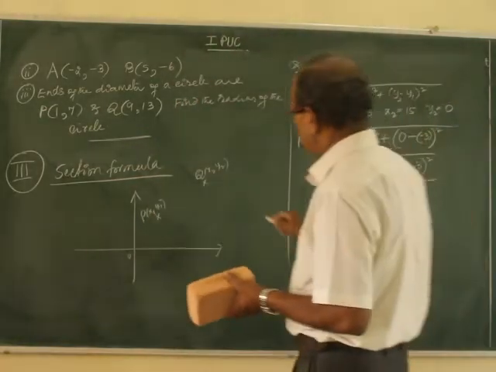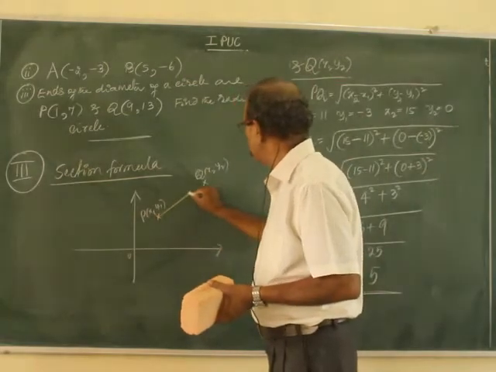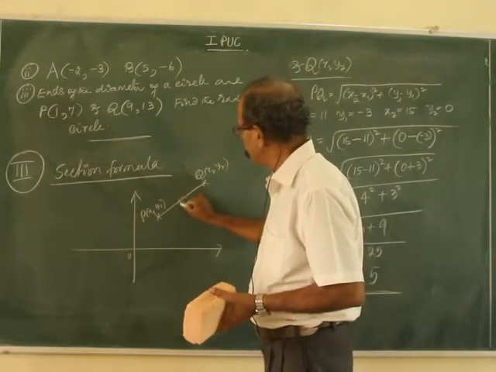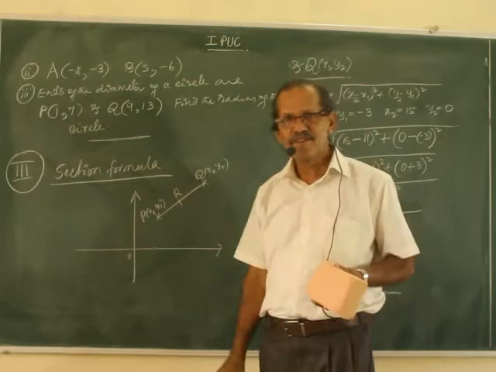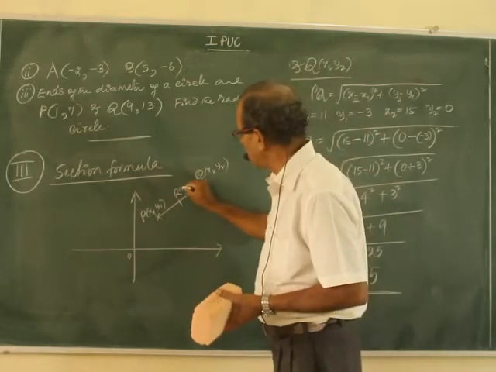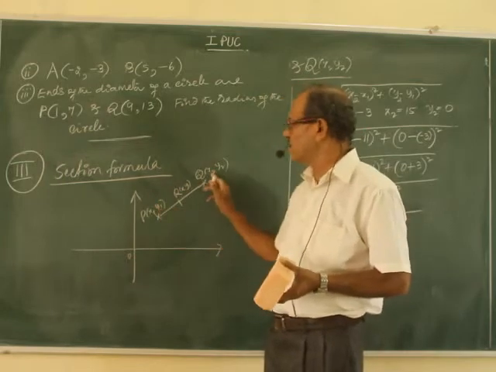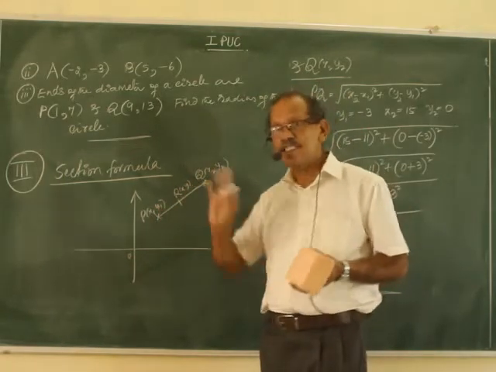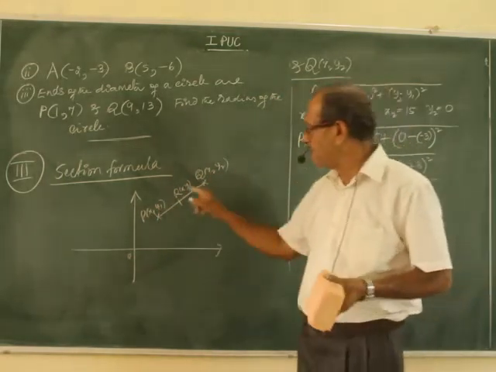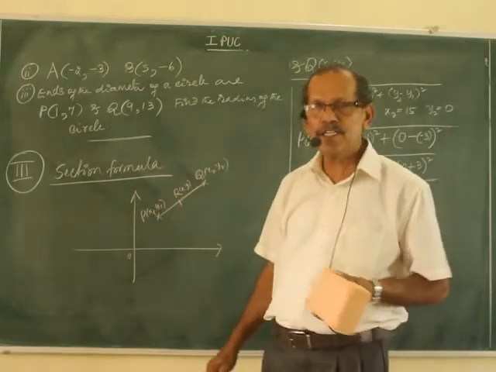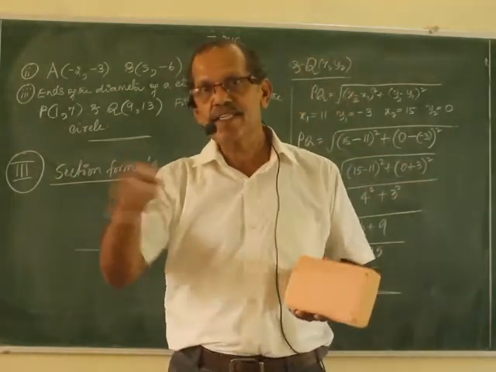But here what you have to do is find another point R. Find the point R. Its coordinates are not known, (x, y). x1, y1 known, x2, y2 also given, x, y is unknown. Find the point R. Previous one, find the distance between the points.